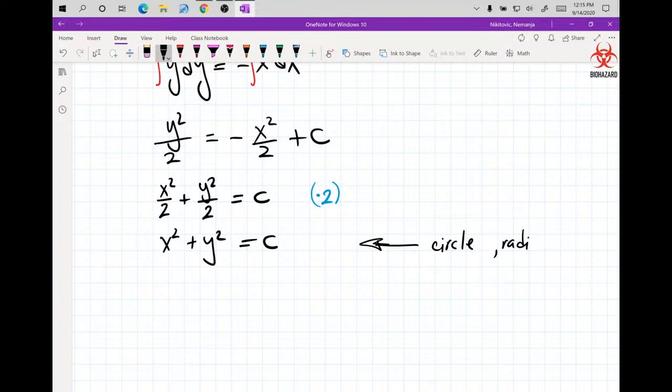Radius root c. So if you had the 2c there, or 3c, or a c, it doesn't make any difference. Your differential equation is correct whether that c is c, or 2c, or 3c.